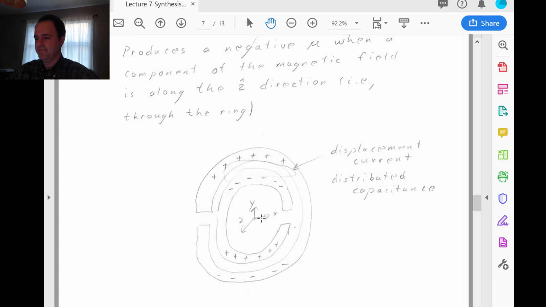That induced magnetic field will be in the opposite direction of the exciting field, and so you will be fighting that magnetic field, almost canceling it out.